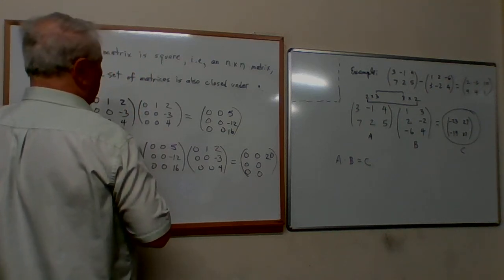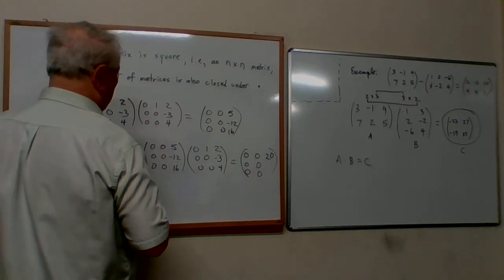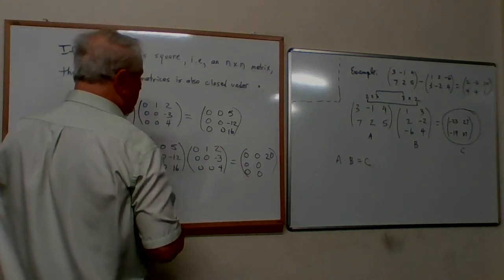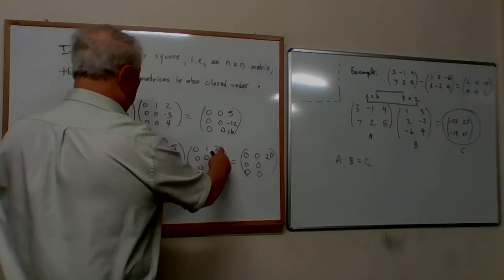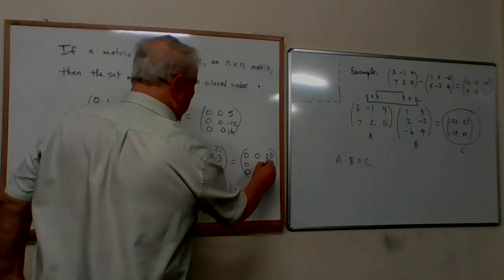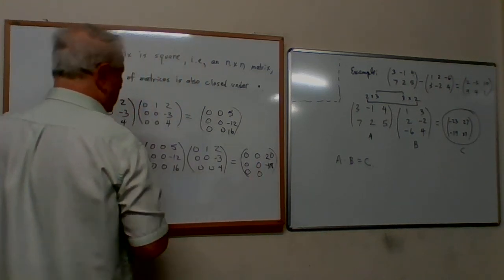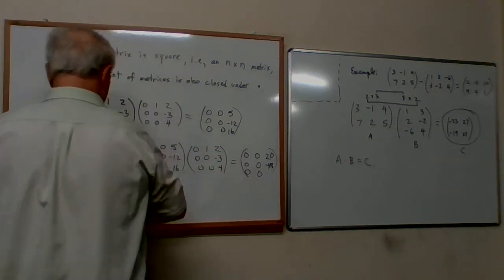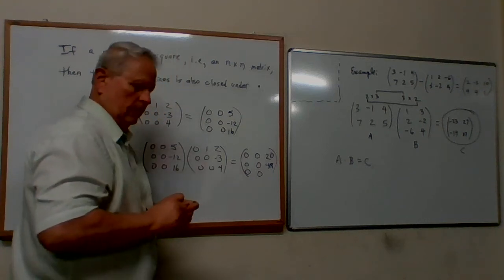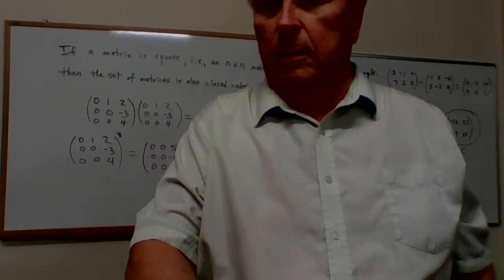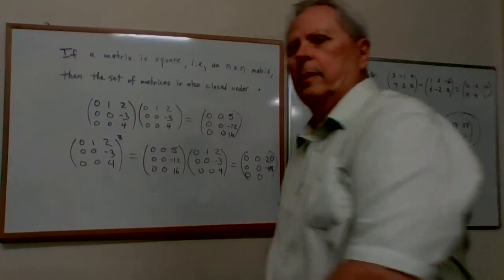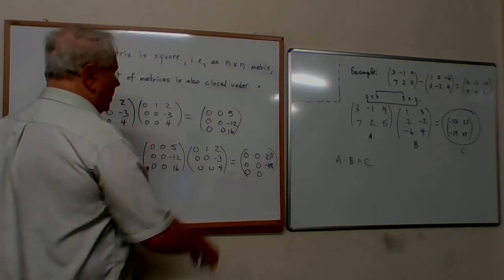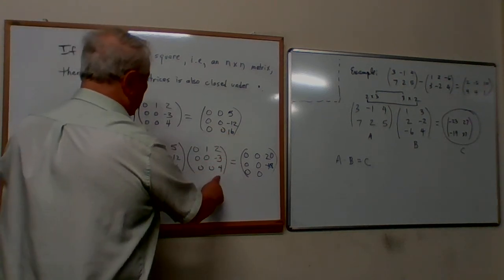And here I get, for row 2, column 3, I get 0, 0, negative 48. And for the last row, row 3, column 3, I get 0, 0, and this is 64.